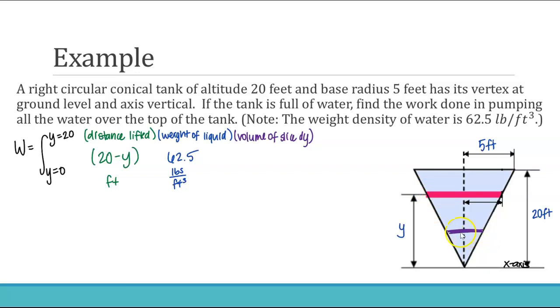That would be a lesser amount of volume than towards the top, because of how a cone starts really narrow at the bottom and then widens towards the top. As opposed to that previous example, where each circle was the same area, so when we had that height dy, each disk was the same as I stack them up vertically. But here, these disks, although they are still little cylinders, the radius of each cylinder is different.